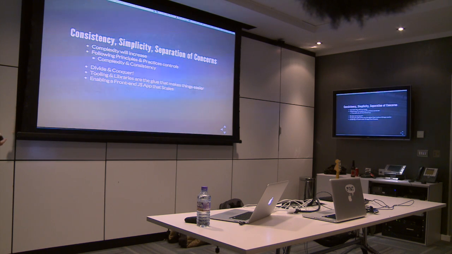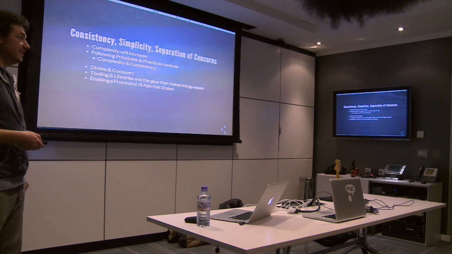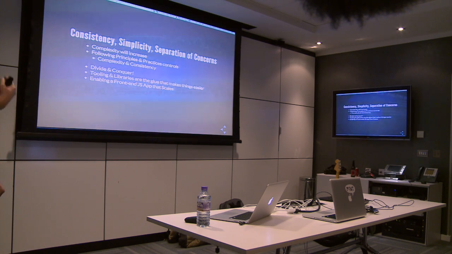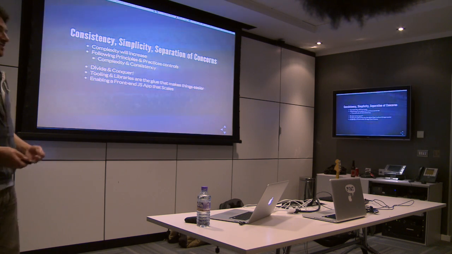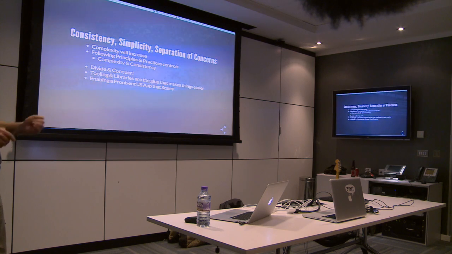The tooling and the libraries are just the glue to enable us to focus on writing code that functions, ensuring quality. You've seen the size of our code base and the functionality it has, and we've ended up with a front-end application that does scale across multiple teams to large financial and enterprise organisations, and they can focus on just writing features and building maintainable apps.